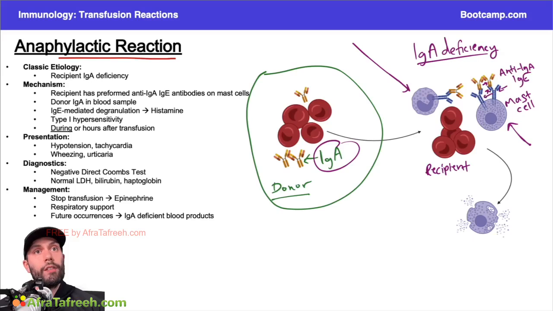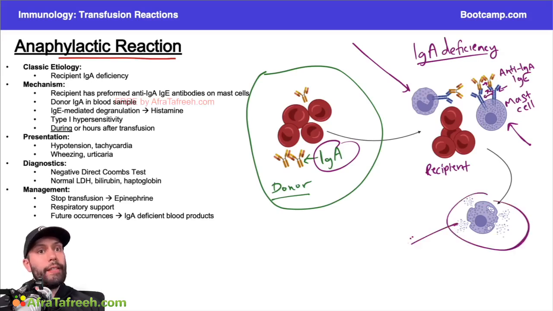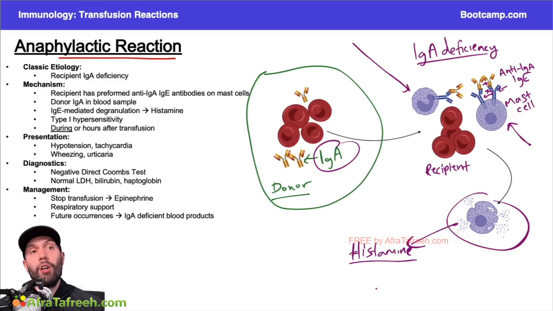When these cross-link, these mast cells will degranulate and release all of this histamine and substances like we talked about, like tryptase, into the serum. This can cause an anaphylactic reaction and will typically be worse on repeated exposures like any other type 1 hypersensitivity, okay?